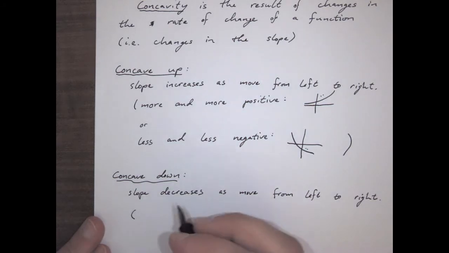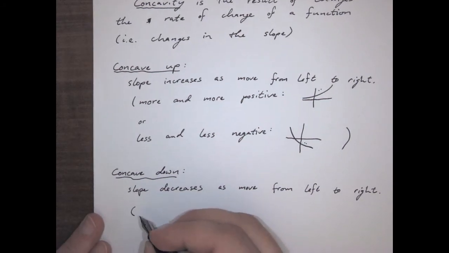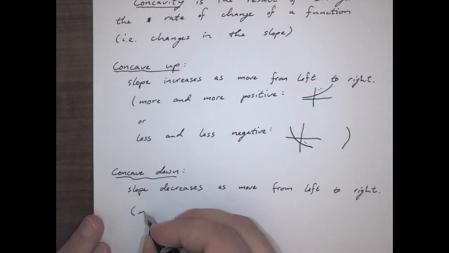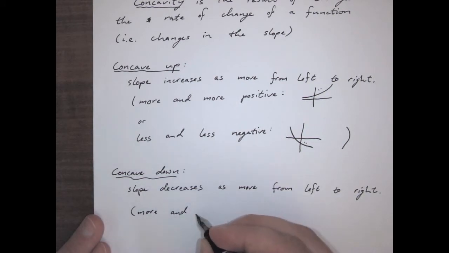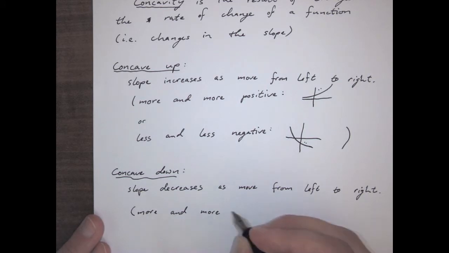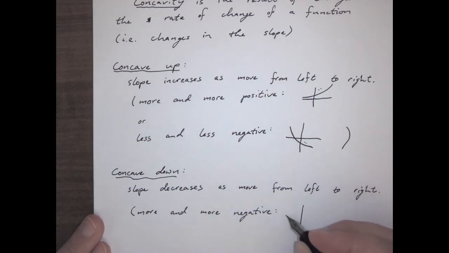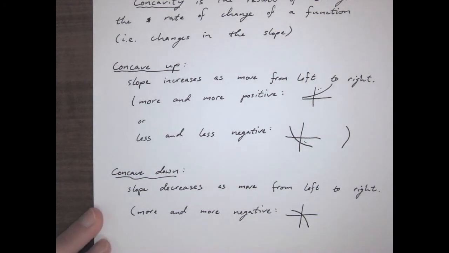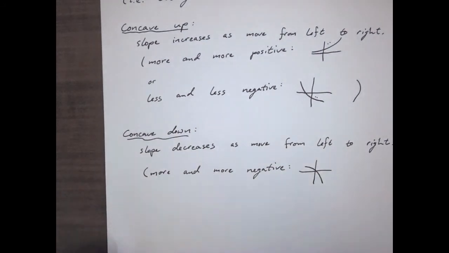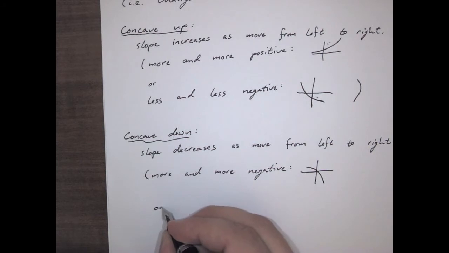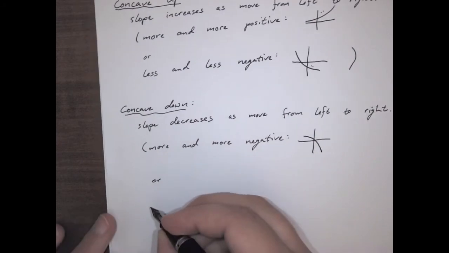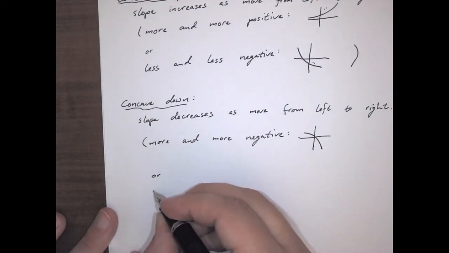So this can mean either more and more negative, which would look like something that was falling at an accelerating rate, or less and less positive is the other way to decrease.